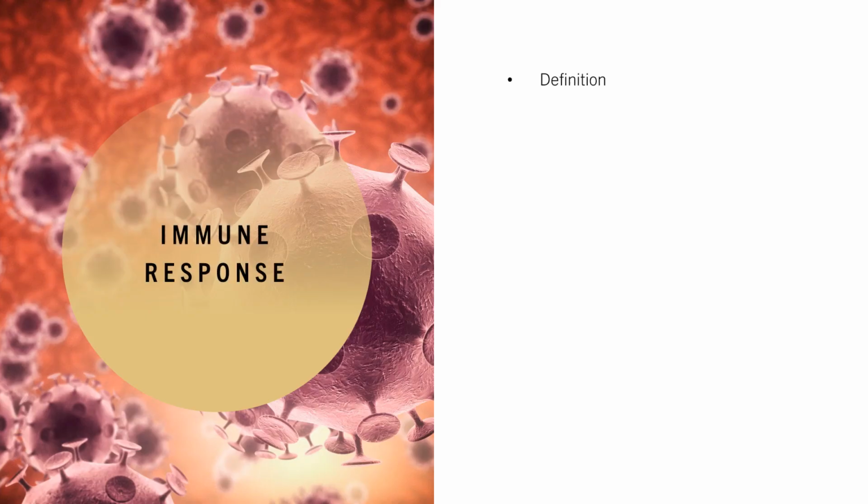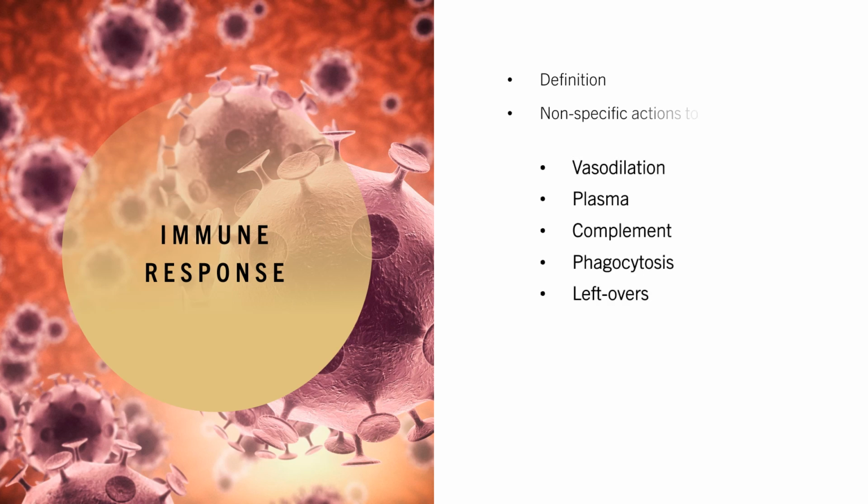All right, so the definition of an immune response is that it's the body's ability to distinguish and fight off foreign materials. And we have non-specific actions, and then we have very specific actions to fight all kinds of antigens, which are foreign materials that have found their way into our bodies.